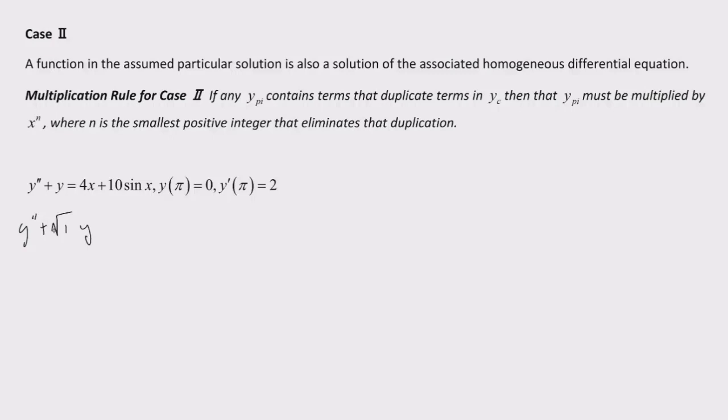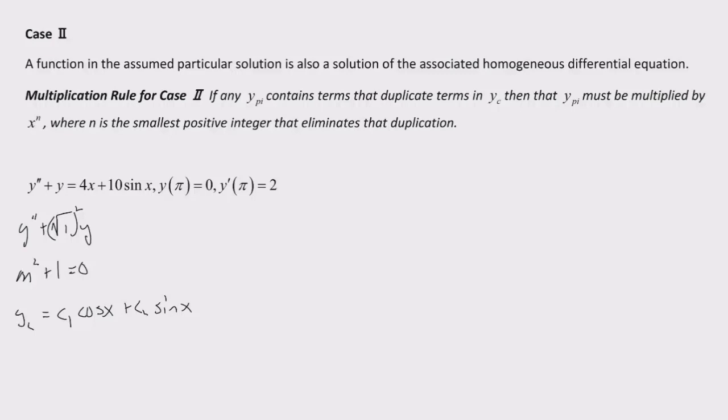Square root of 1 squared. So our k is 1. And because it looks in that general format of m squared plus 1 equals 0, we're going to get imaginary solutions. And so our complementary format is c1 cosine x plus c2 sine x.